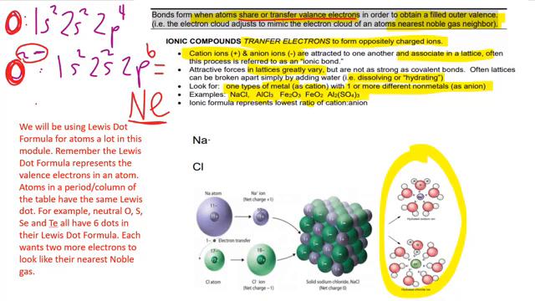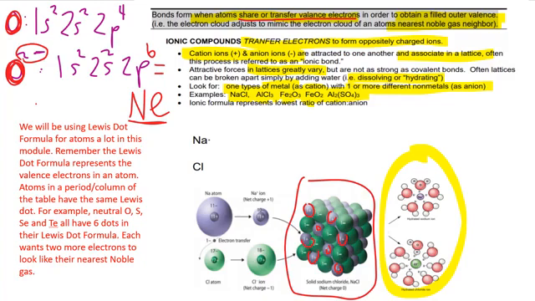So ionic formulas need to show my lowest ratio. What does that mean? If I look down here at this lattice, there are a lot of sodiums, my purples are sodiums, and there's a lot of chlorines. There's a whole lot of them.